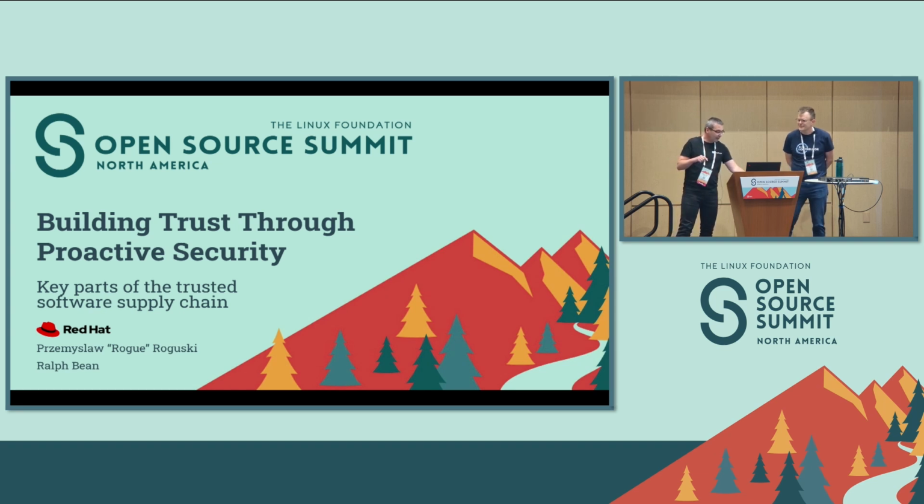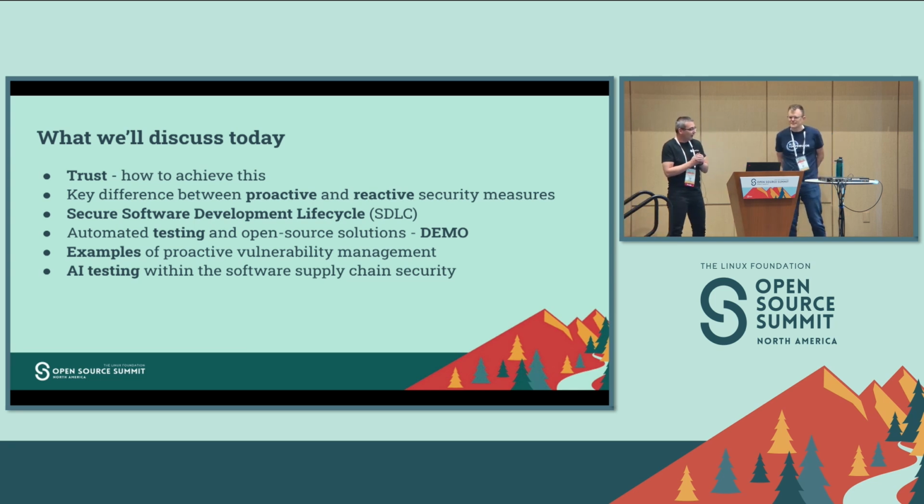So we'll just quickly go through definitions, what exactly we need to build the trust. Then we will quickly define what are the key differences between proactive and reactive security work. Knowing this, I will show the security controls activities that are part of the Secure Software Development Lifecycle.